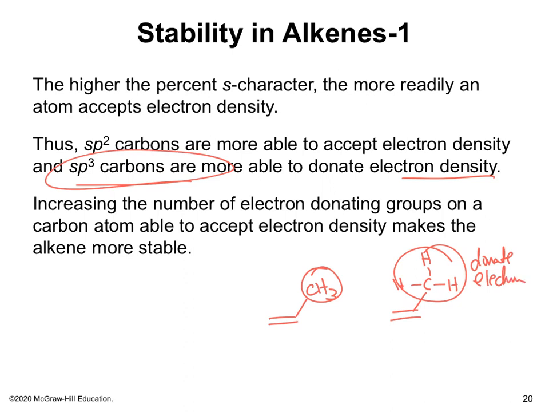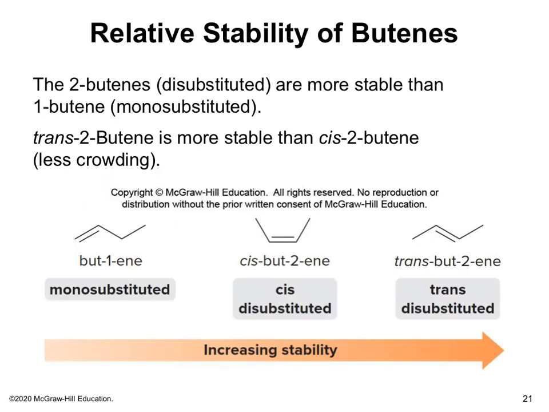And that's another reason why these can be more stable. So most things are explained by sterics and electronic factors when you're dealing with stabilities and why molecules or functional groups behave the way they do.